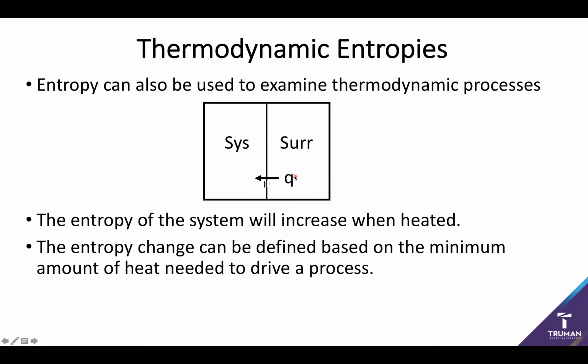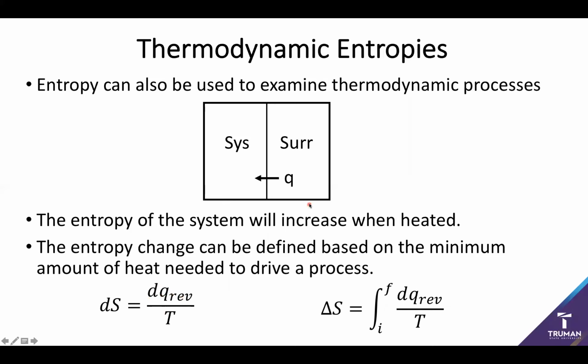And again, not too surprisingly, we're going to see that if I add more heat into the system, the entropy of the system is going to end up increasing because I have more microstates available. However, it turns out we also need to define our entropy change based on the temperature of my system, because the higher the temperature, the less of an impact a given amount of heat has. And we saw this a little bit when we looked at the micro scale.